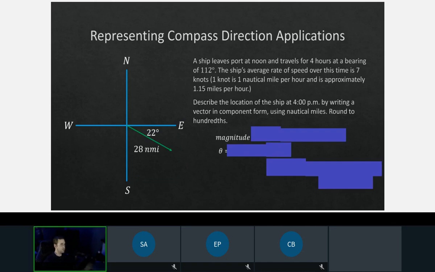All right. So always draw pictures, and hopefully your picture matches the word problem. Let's see if I did it right this time. It says a bearing of 112 degrees. So from here to here is 112.